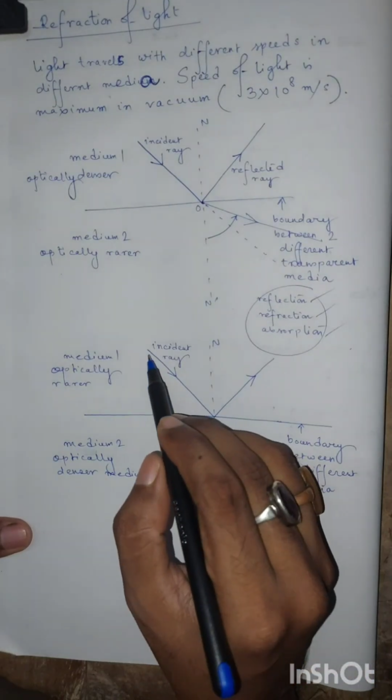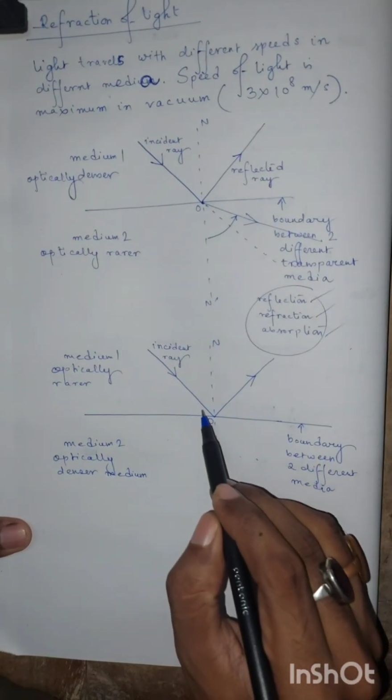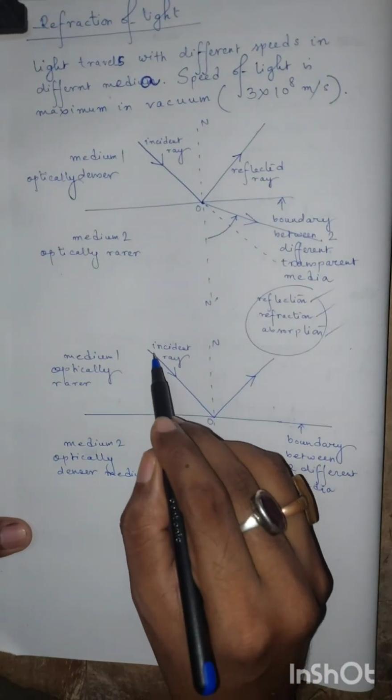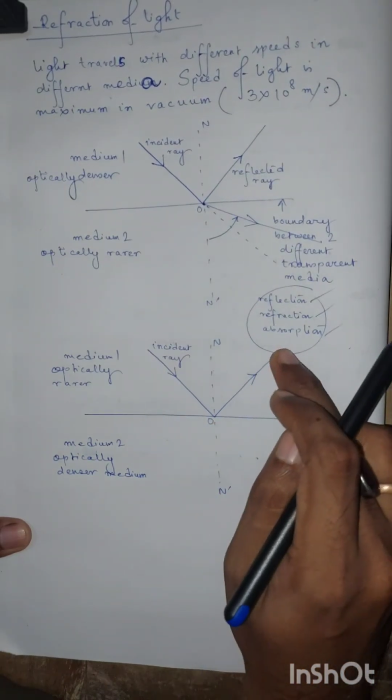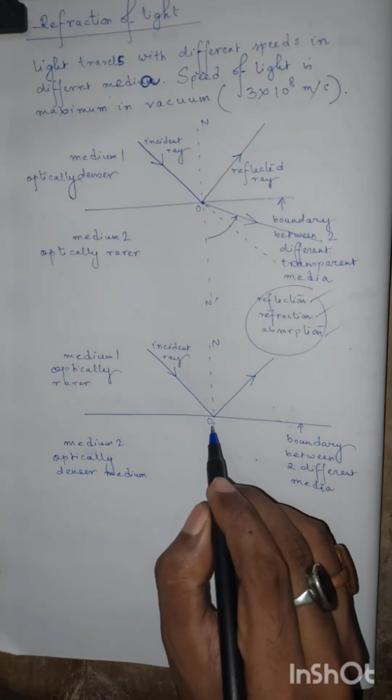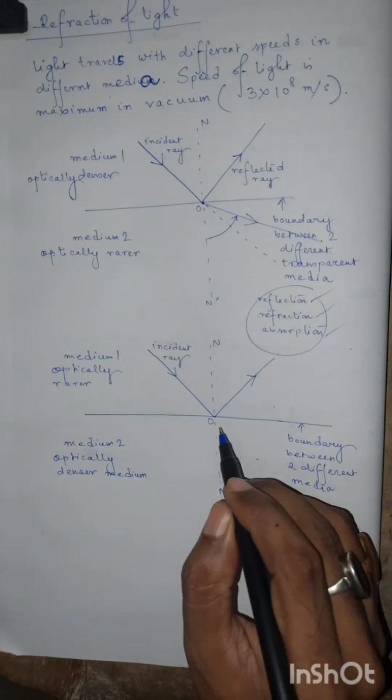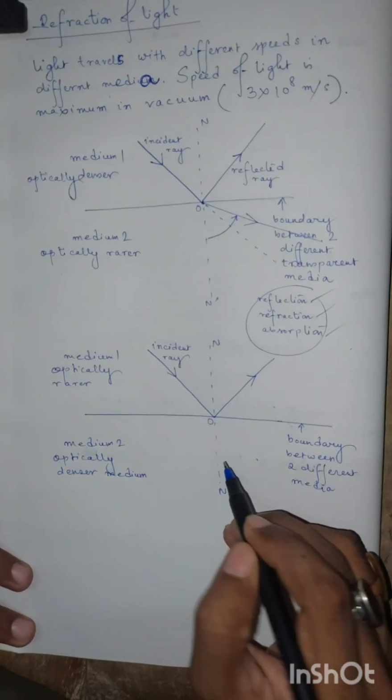So one part of this ray is reflected back into the first medium, and the other part of this ray enters the second medium.